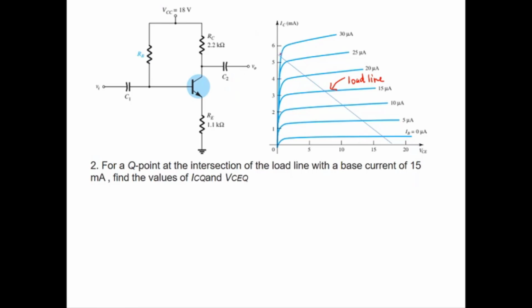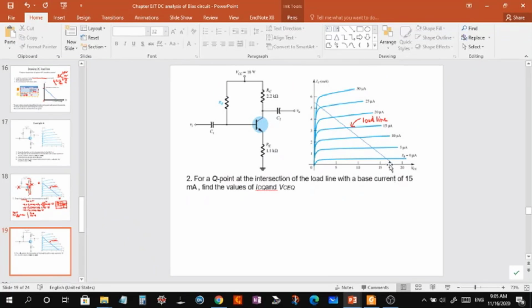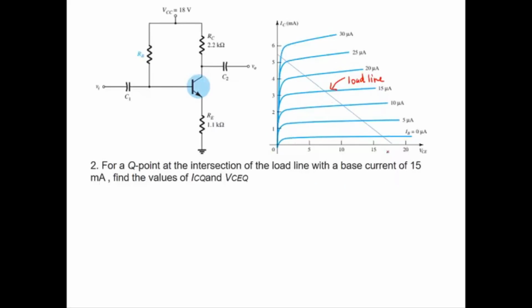So you have the IC saturation is 5.45, and then this one is actually 18. So let's just assume this is 18.